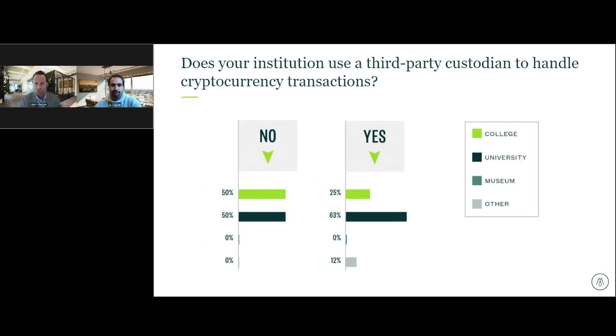In terms of whether you have a third-party custodian that handles it, it looks like about half don't on the university side, half do on the college side, and certainly more universities do than don't.